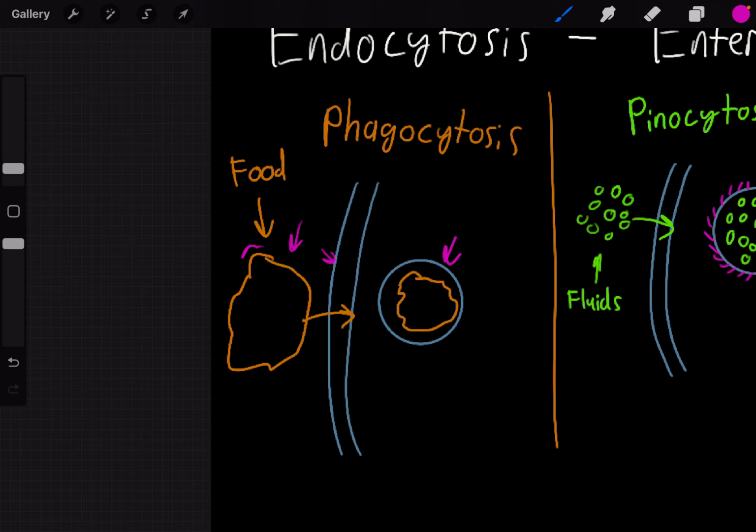Now it takes it inside the cell. Now we have a food vacuole. The food is inside a vacuole, so it's called a food vacuole. This process is called phagocytosis, when food is entering the cell.